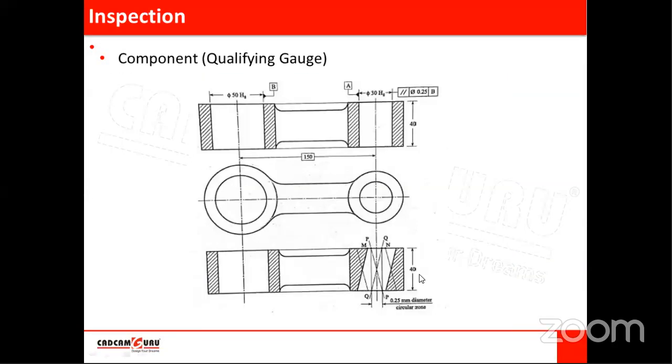We can use some qualifying gauges. So this one is a qualifying gauge. There are two circular cavities, or you can say holes, on a component. It is looking like a connecting rod, having two holes at both ends, and here it is a facility to hold this gauge.